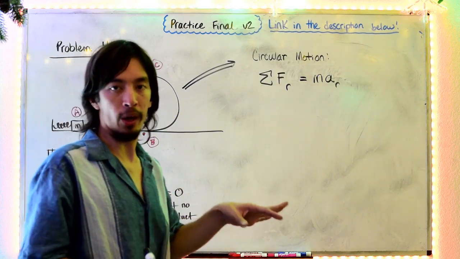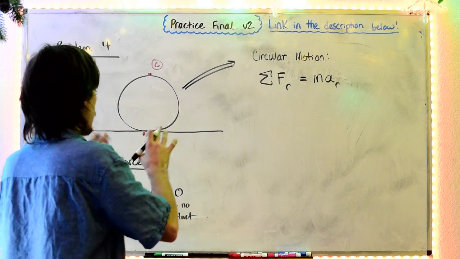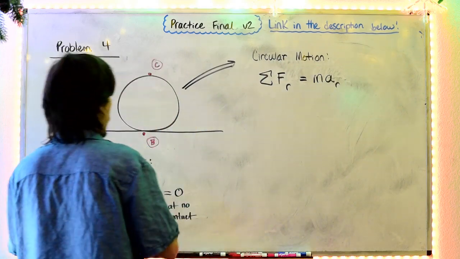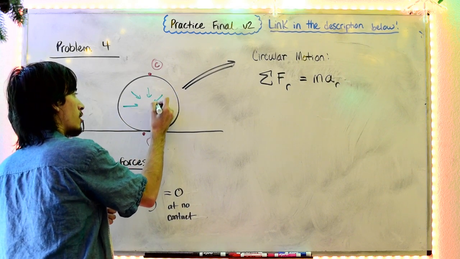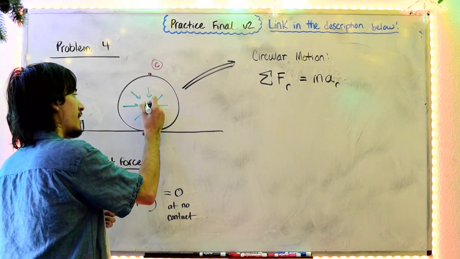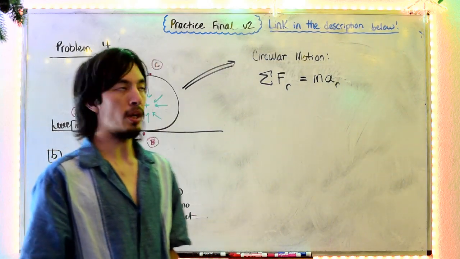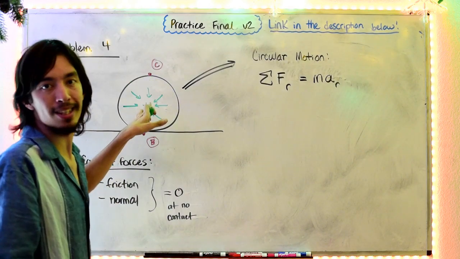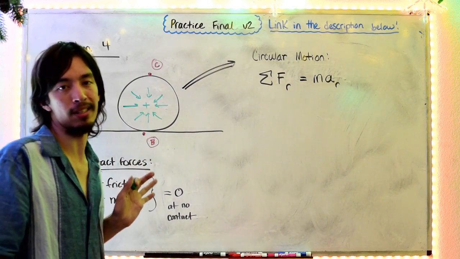The one key point to remember with circular motion and your coordinate system is that anything that points towards the center is taken to be positive. So if it's at the top, if it points down, it's positive. If it's at the bottom and it points up, it's also positive.